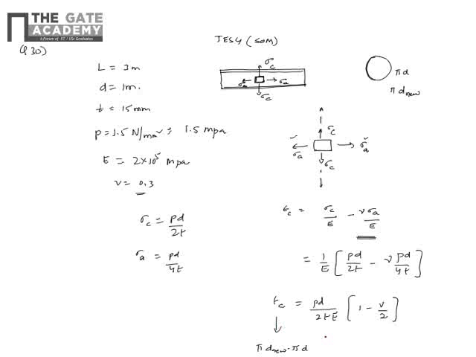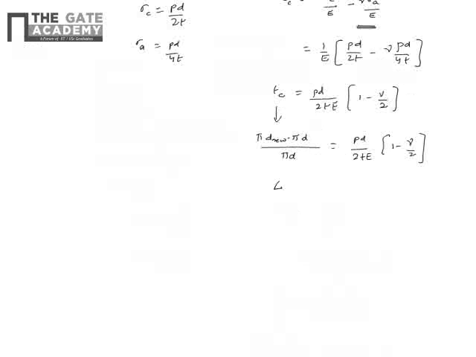So this is your circumferential strain, and this is PD by 2tE times 1 minus nu by 2. What we need to find is the change in the diameter. So the pi gets cancelled, and the numerator gives the change in the diameter by the diameter. So this is PD by 2tE times 1 minus nu by 2. So the delta d, the change in diameter, would be P d squared by 2tE times 1 minus nu by 2.